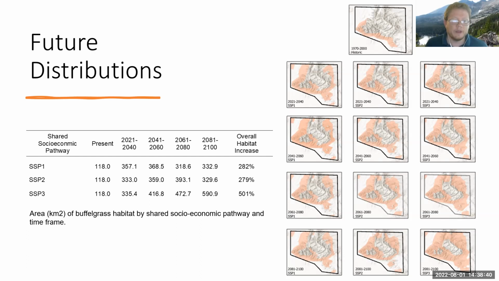In our light and moderate climate change scenarios, we saw an overall habitat increase right around 280%. Those were almost the same as far as overall increase. While under our really severe climate change scenario, we saw a 500% increase in bufflegrass distribution, or in potential habitat anyways.